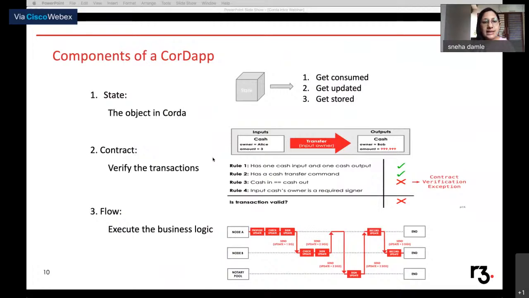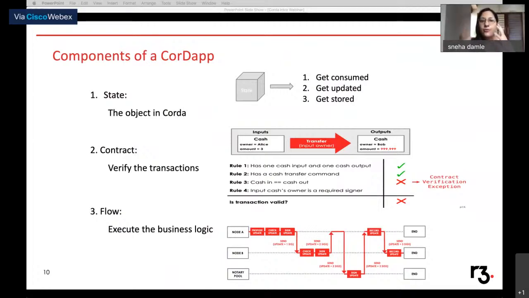The output states from previous transactions can then become the input states for future transactions. This is how transactions are linked to each other, and this is how the ledger evolves over time. Input states are marked as consumed, and output states are the new states created on the ledger. And this is how the transaction chain evolves over time.